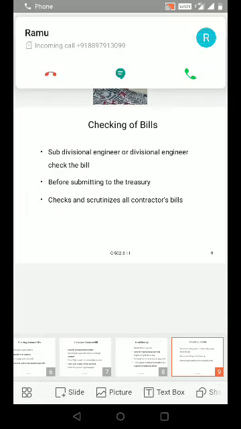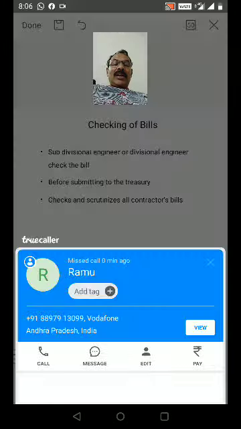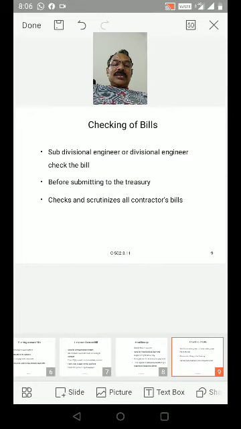So before submitting the bills, the subdivisional engineer or divisional engineer checks the bills. They check and scrutinize all contractors' bills.